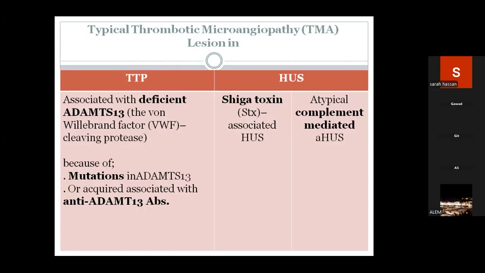HUS could be Shiga toxin associated or atypical, complement mediated HUS. Endothelial injury occurs in both TTP and HUS, but in TTP it is secondary endothelial injury due to the release of the ultra-large von Willebrand factor with its high potency to bind platelets, and this leads to the endothelial injury and the thrombosis.